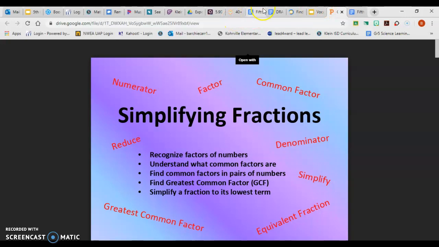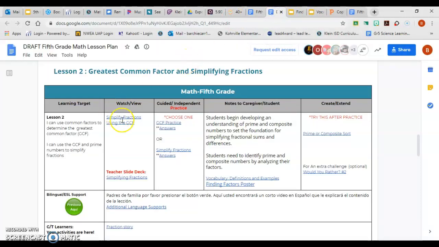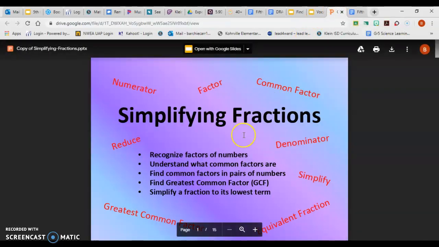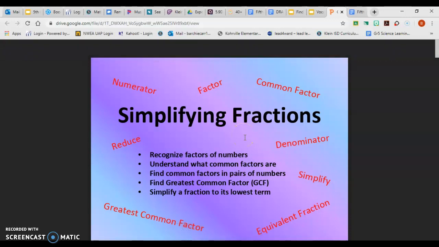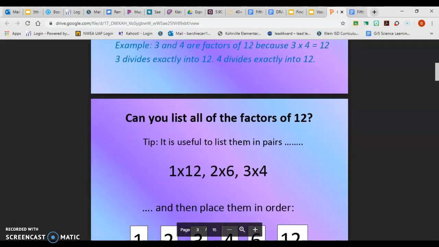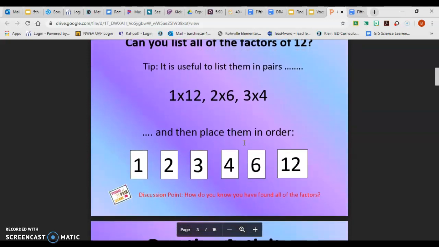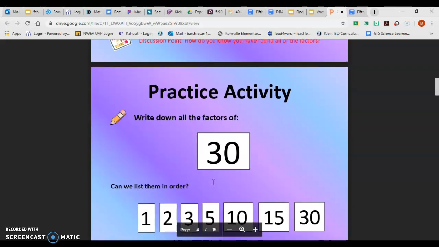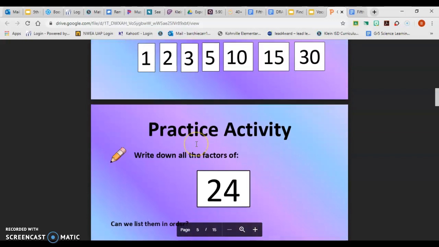We're going to watch that video. We'll come back to that in a second, though. These are the posters that we would have you look at in the classroom. Anyways, for simplifying fractions, it goes through what a factor is, listing all the factors and then placing them in order, and then practicing.